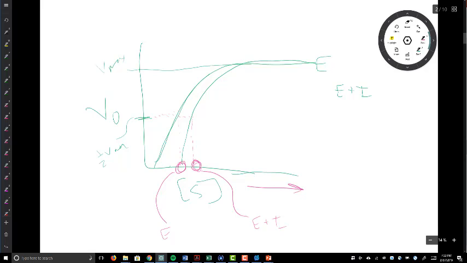So if we shift to the right, that means a bigger Km. Consequently, if we shift to the left, we're decreasing the Km. And it's the exact same thing for the Kd if we're talking just about binding.